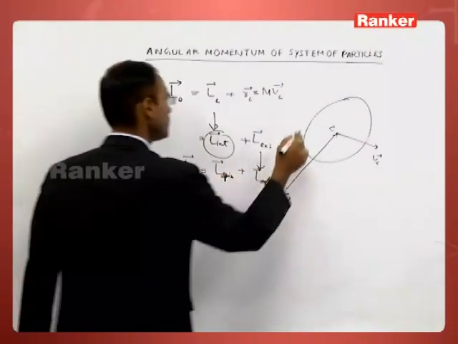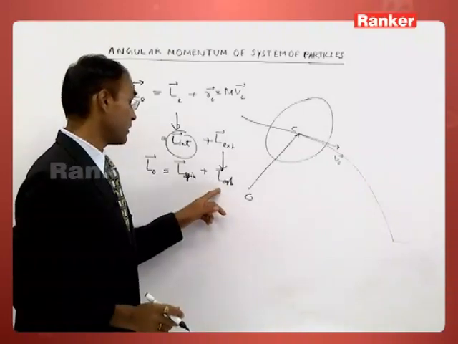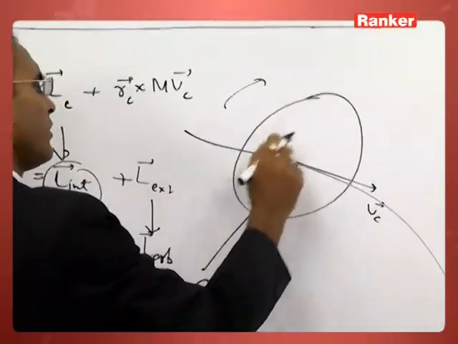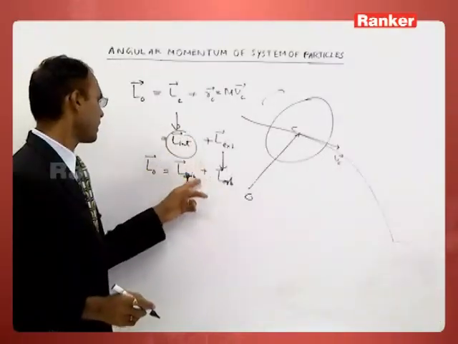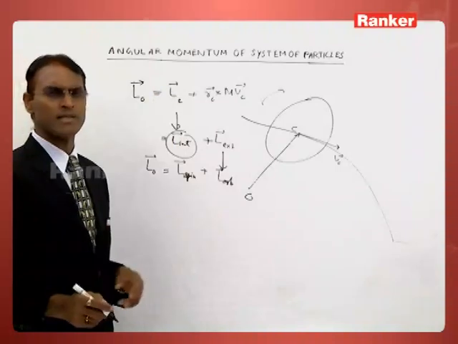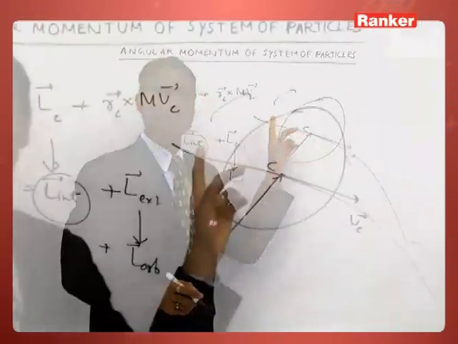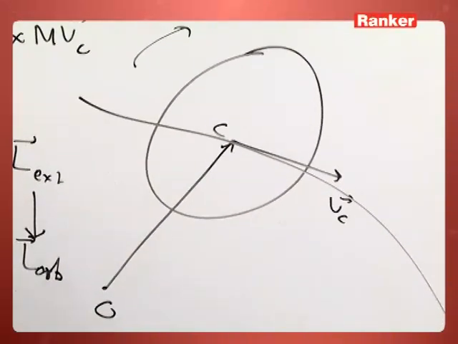Because of the orbiting motion of the center of mass, this angular momentum is generated, and because of the spin of the system, the angular momentum LC is generated. That is the sum of angular momentum of all particles measured with respect to the center of mass. If it is non-zero, then the system is said to be rotating.